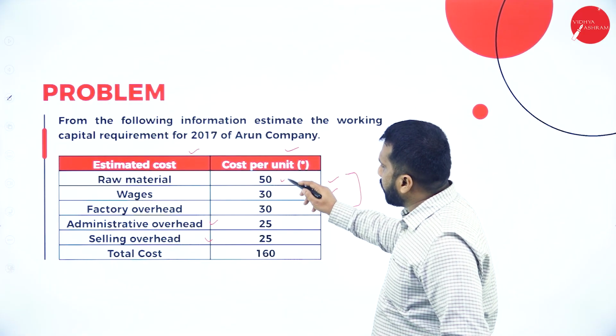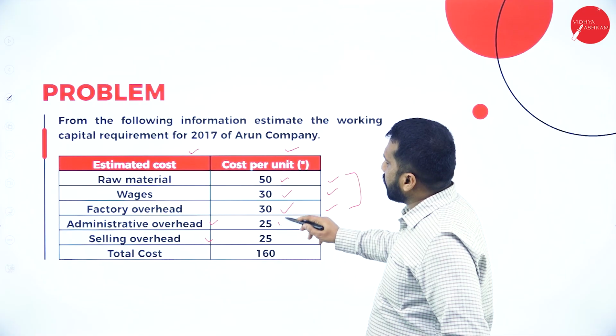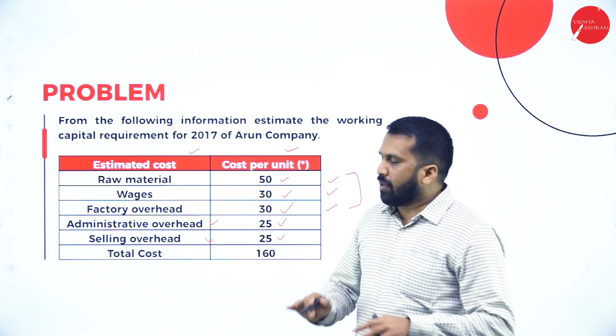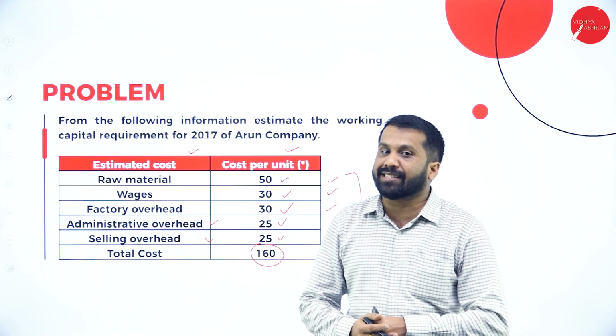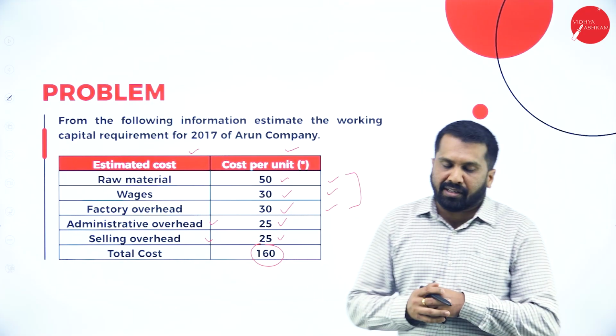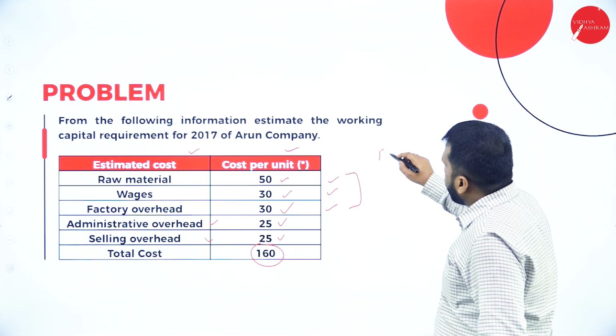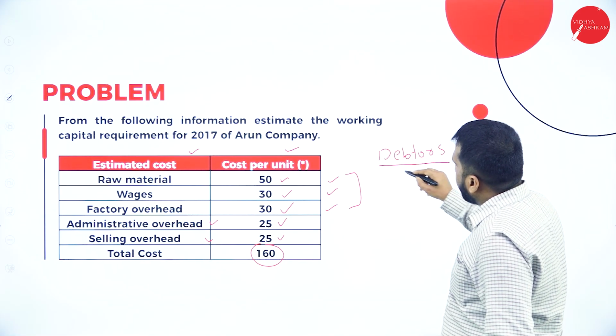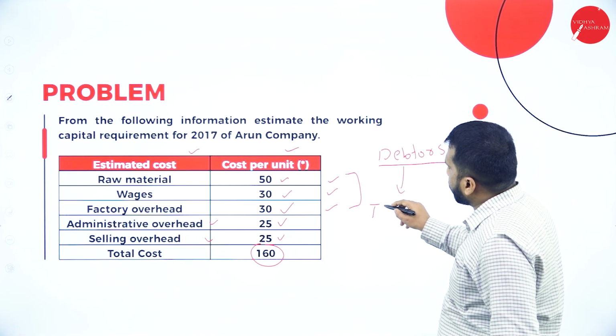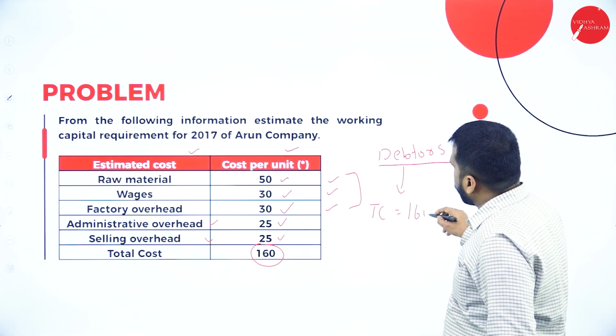Remember the price is 50, 30, 30, 25, 25. What is your total cost? Your total cost is 160. Now, in this total cost, while calculating debtors, your total cost will be 160.